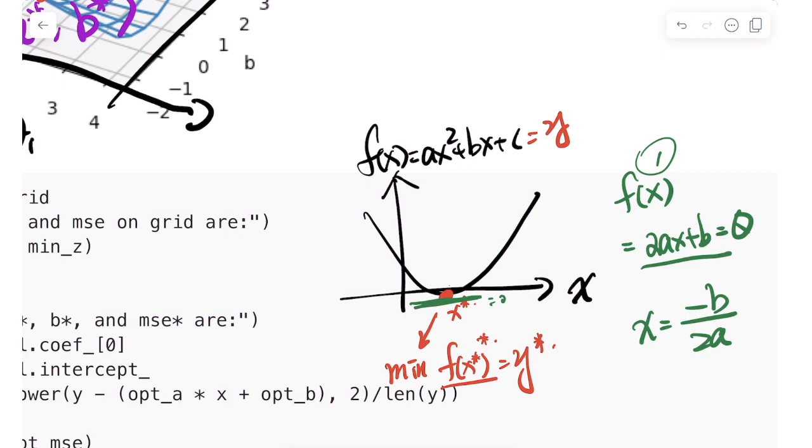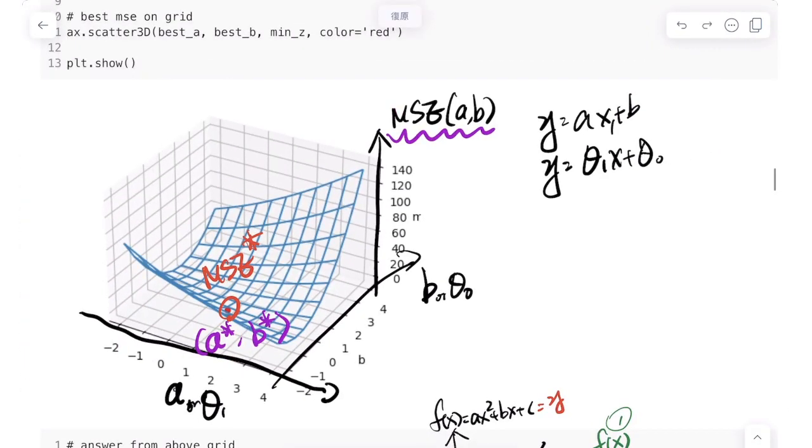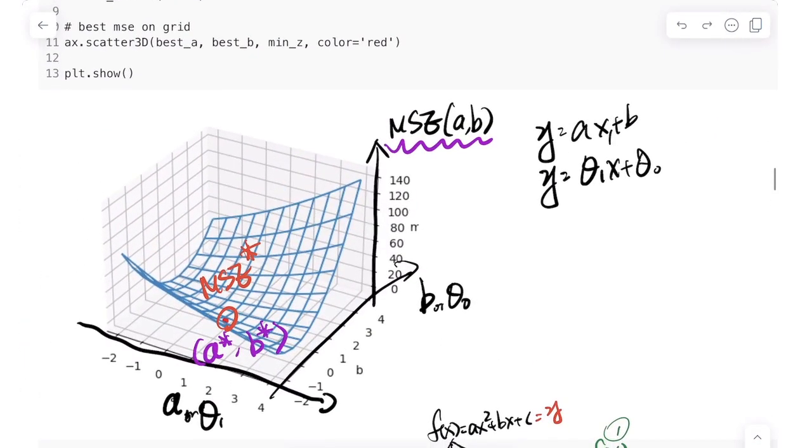But right here again, if you want to calculate the smallest value of MSE, at this data point, the smallest data point right here, the tangent line at the B direction should be 0.